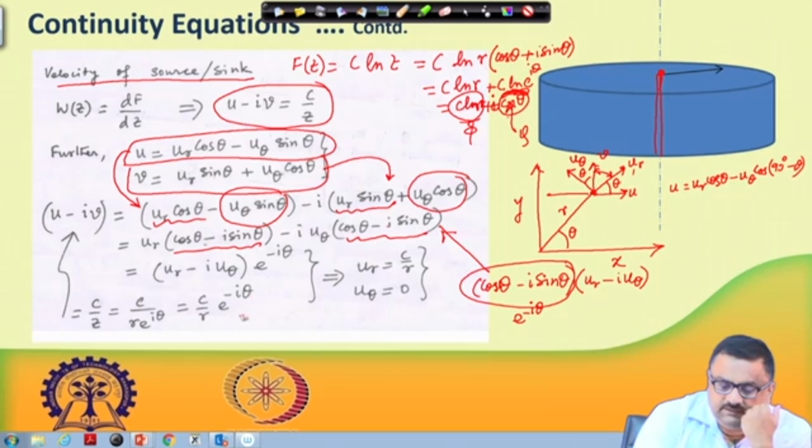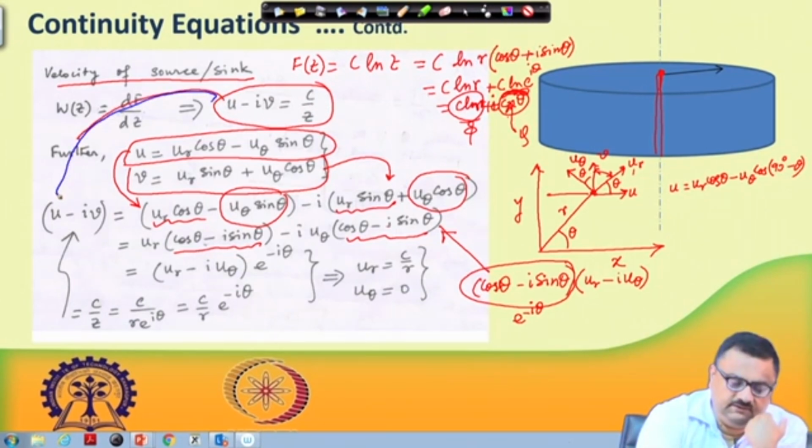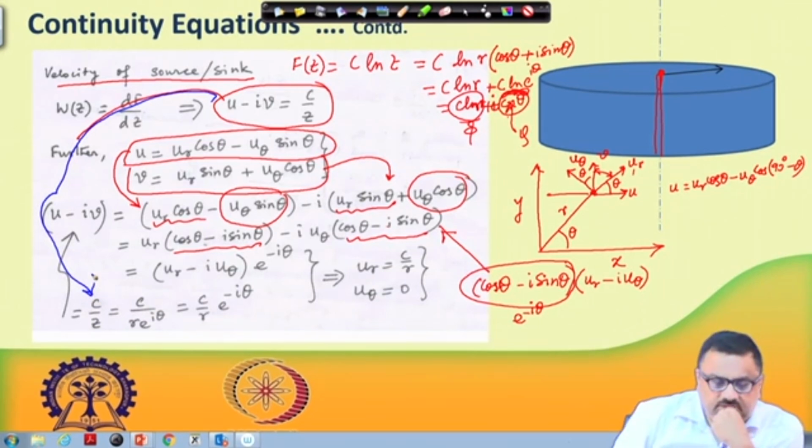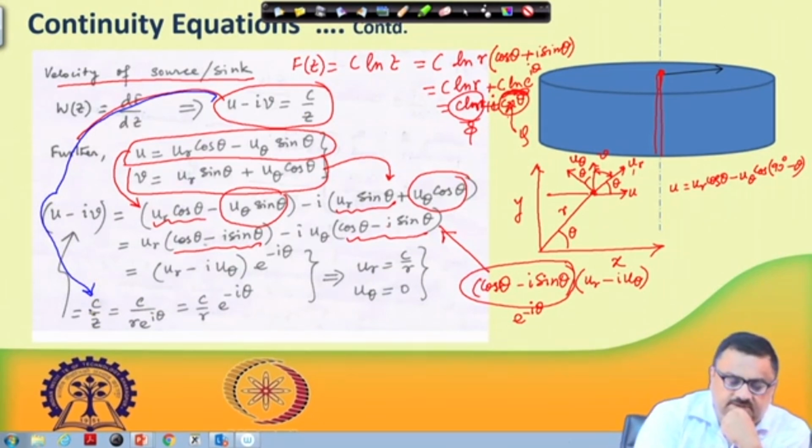So, in this case you have u_r minus i u_theta into e to the power minus i theta. On the other hand, u minus i v is c by z. So, this is coming in here, u minus i v as c by z, whereas u minus i v is this quantity you have already found out.